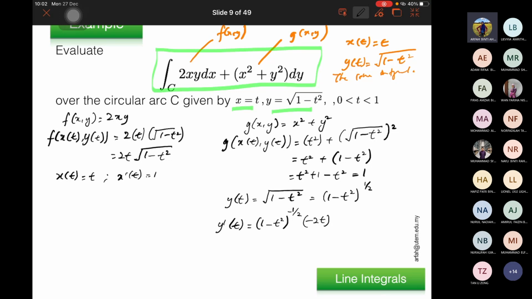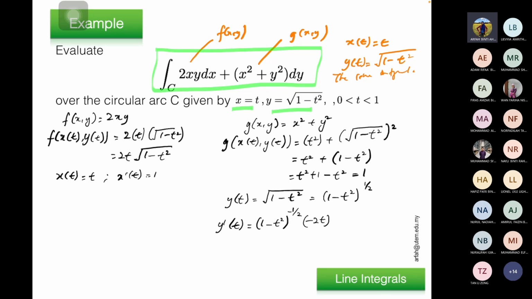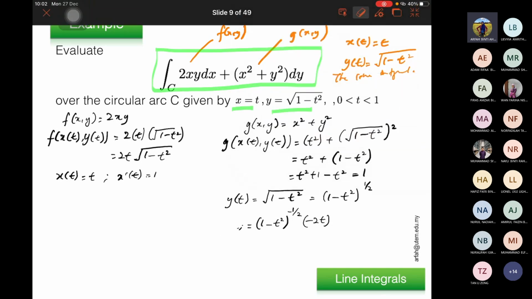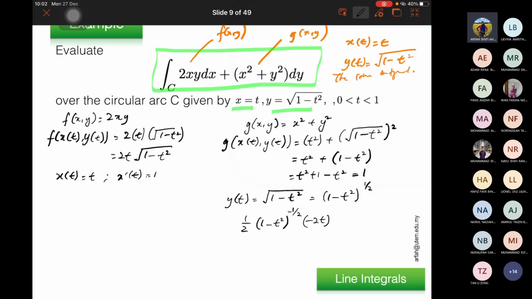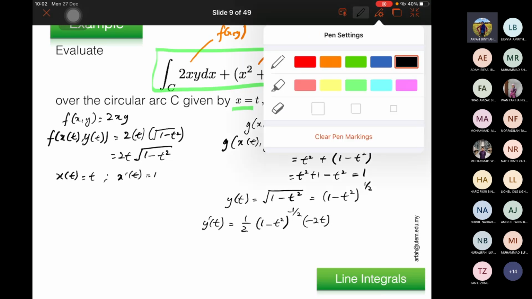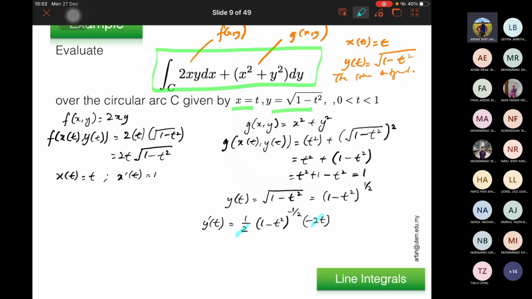Okay. 1/2 kita keluarkan, sama dengan 1/2, this one. So yang ini boleh dihapuskan. So you akan dapat y prime t sama dengan negatif t per set 1 tolak t squared. Okay. That is y prime t.